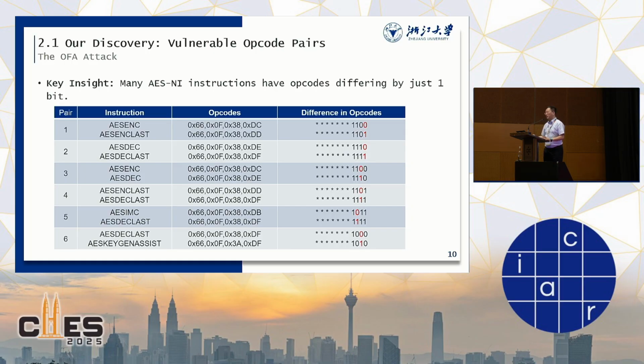So basically, this is the core idea. And in that case, all the 10 rounds of AES will be using the same round function, and this will cause some issues in the cryptanalysis. So I already mentioned the core idea.